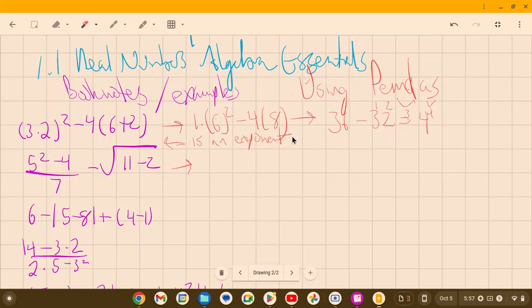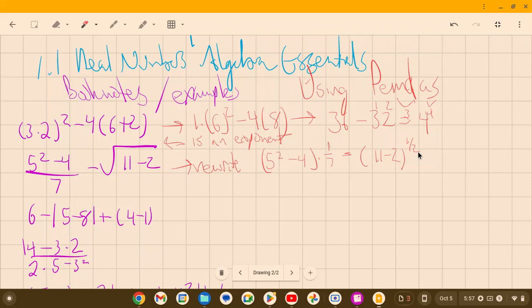So it's like saying, I'm going to rewrite, and that's going to be 5 squared minus 4 parentheses times 1 over 7 minus 11 minus 2 to the 1/2 power.